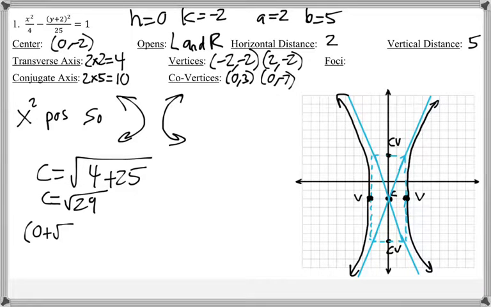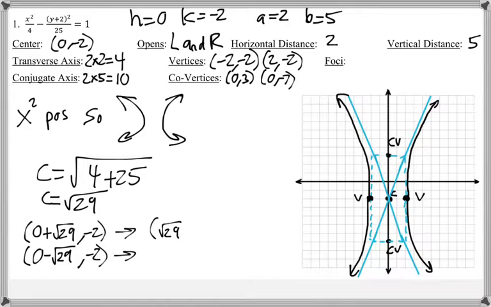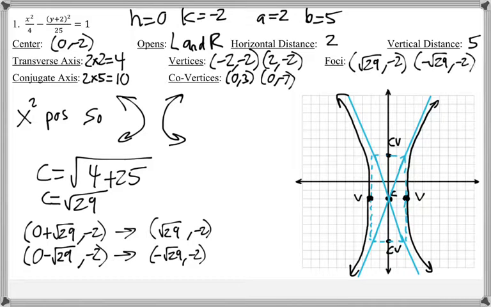So 0 plus square root of 29, comma -2, 0 minus square root of 29, comma -2. The square root of 29 is 5.385.